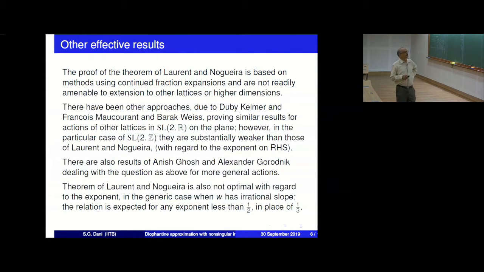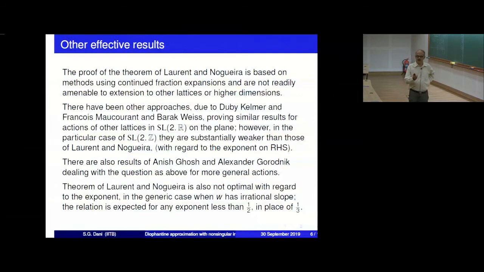Now, to this general question, there have also been other approaches. There's the work of Dubi-Kelmer and Mozes, and Oh and Barak Weiss. They have proved similar results where the group is SL2R, but the lattice need not be this. You take a more general lattice and you can ask a similar question.